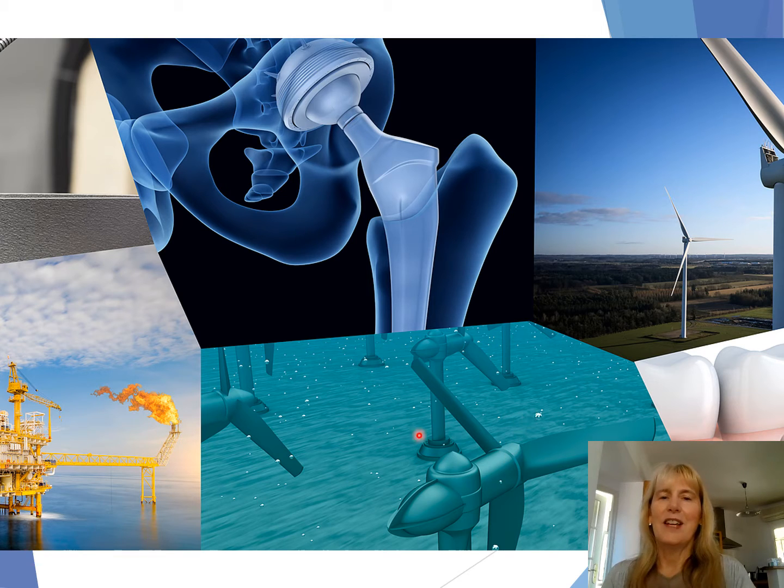This is an example of tidal turbines, and these are the renewable energy areas where erosion corrosion is an issue. And for wind turbines, we also have erosion corrosion of the leading edge of blades of turbines.